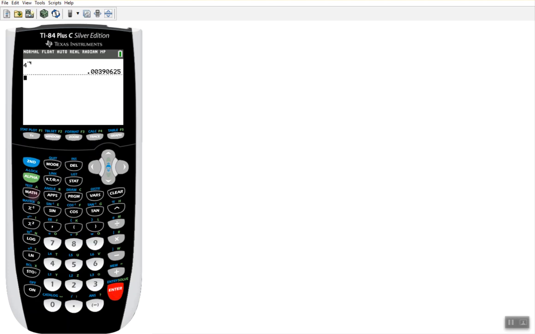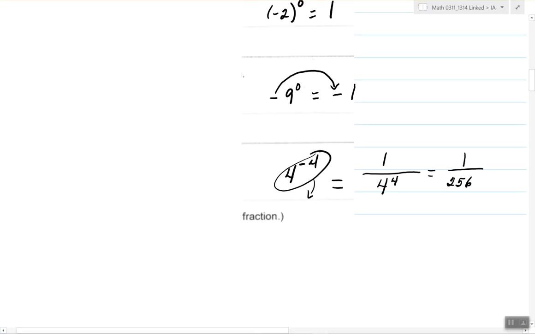If you went to the math key, the very first item, that means change whatever you got to a fraction. You can either press a 1 to choose that, or you can press enter. And so it's saying, you want me to change the most recent answer to a fraction. Yes, hit enter. And there it is, 1 over 256. Very powerful calculator.